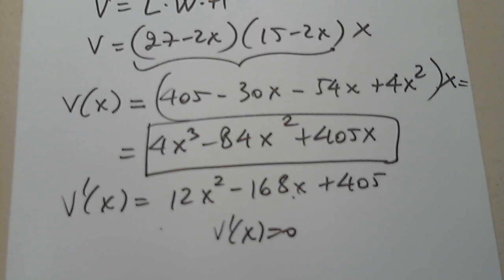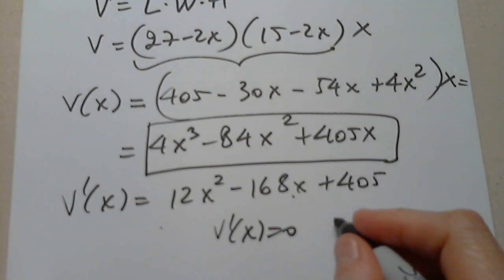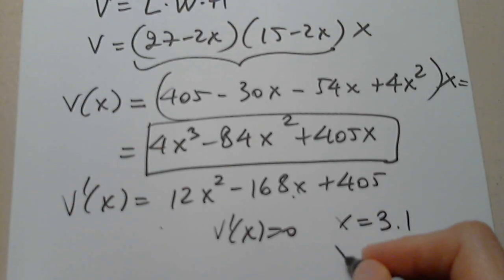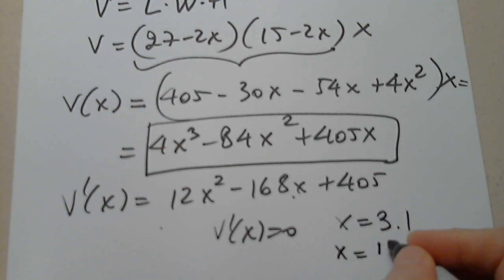I carefully enter the coefficients, 12, negative 168, and 405. And then I get the solutions: one solution is x equals 3.1, and the other one is x equals 10.9.